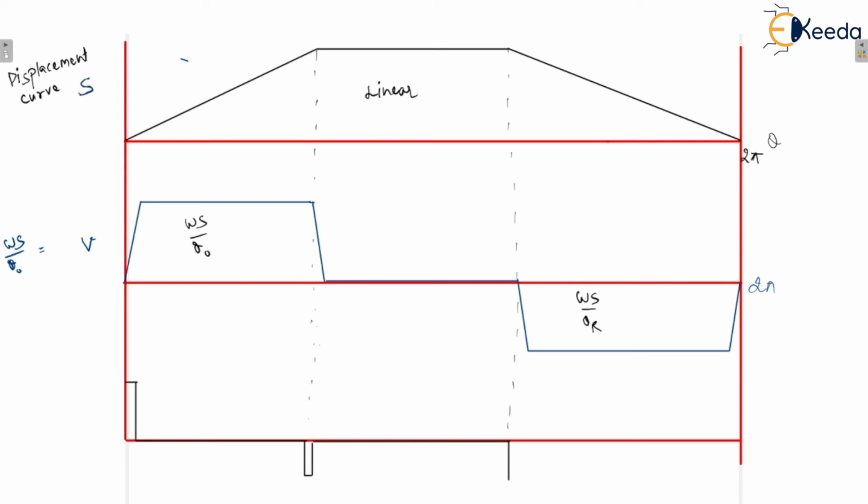Now you are able to understand the situation. See why it is in the negative direction. Here you can see that during the outstroke starting condition, the velocity increases, so that means acceleration would be there. But as the outstroke is completed, the velocity decreases to 0, so there will be a retardation.